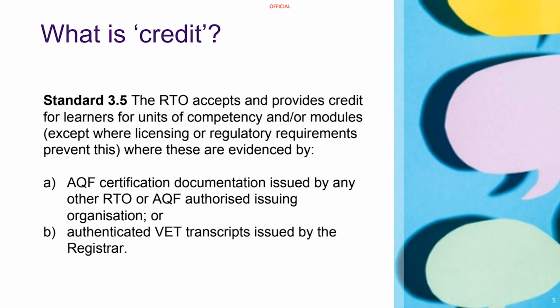which of course is the USI transcript. But note in parenthesis, it says that you can't award credit if licensing or regulatory requirements prevent it.